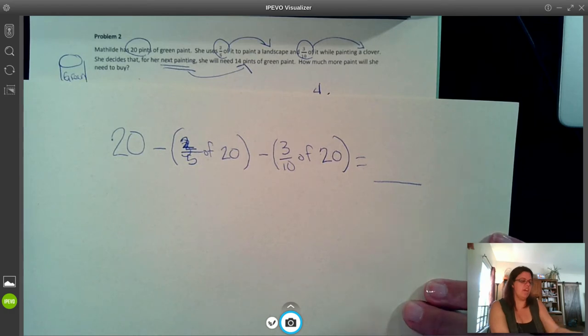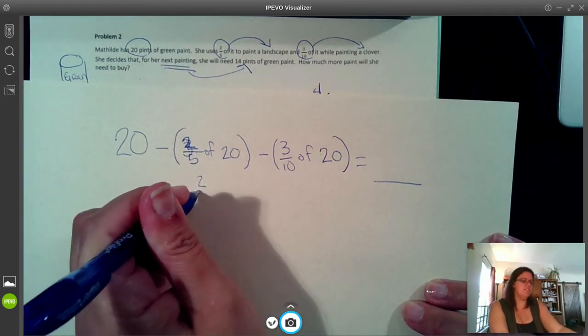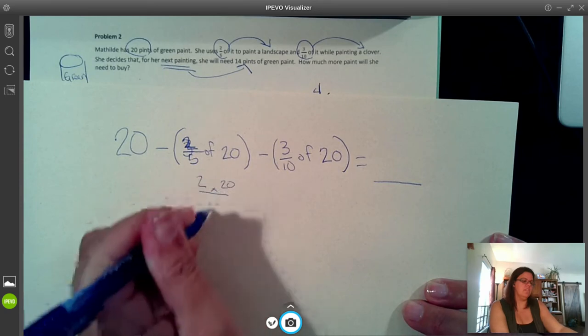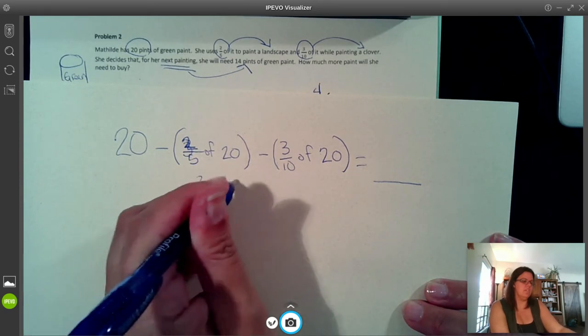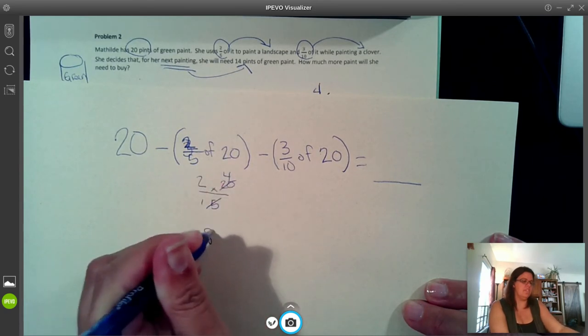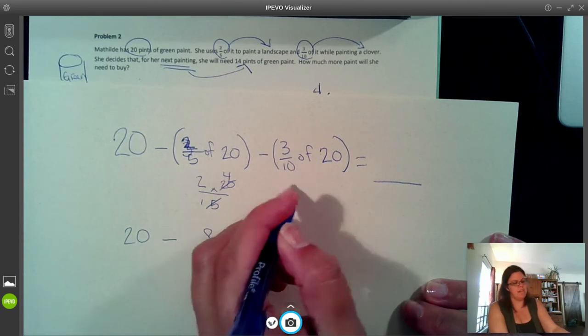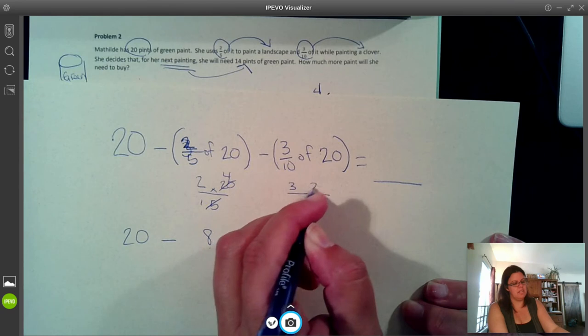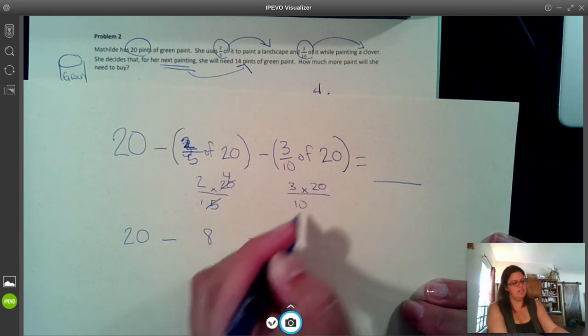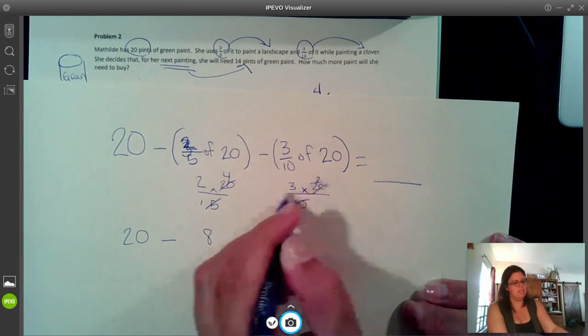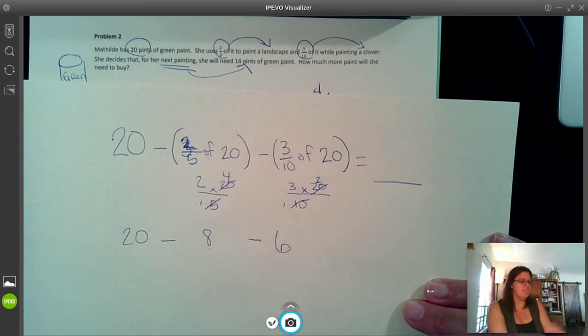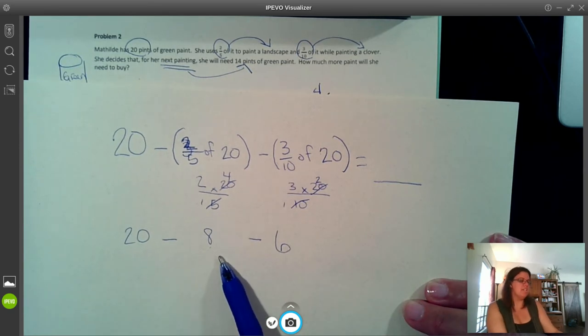Okay. So again, this is 2/5 of 20, which will give us 8. So now we've got 20 minus the 8 minus 3/10 of 20, that's going to be 6. So 20 minus 8 is going to take us down to 12.